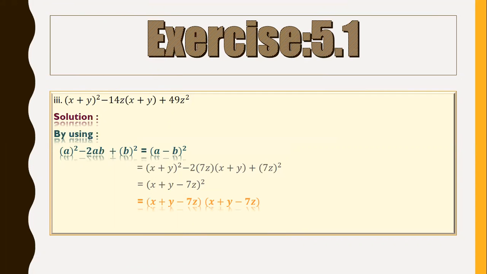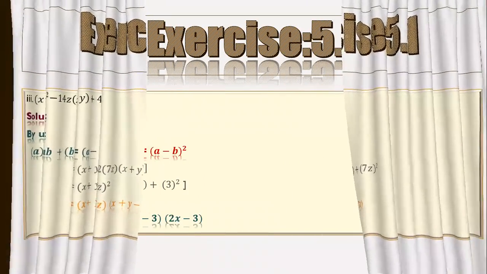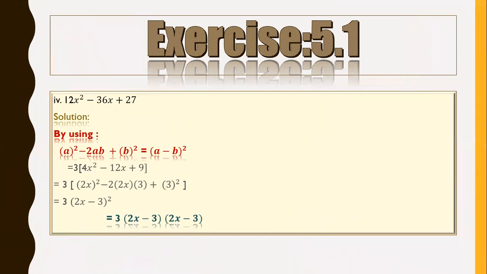It will be the same, (a minus b) whole square, and there is a square, so we split it: (x plus y minus 7z) into (x plus y minus 7z). Students, we have already done this in the previous one, so this is only a review of your previous knowledge. 12x square minus 36x plus 27.